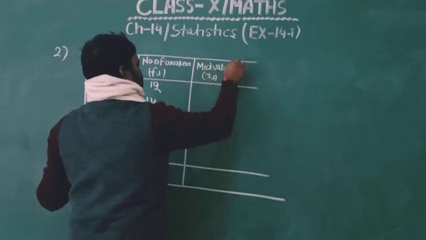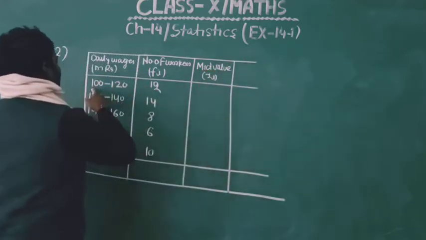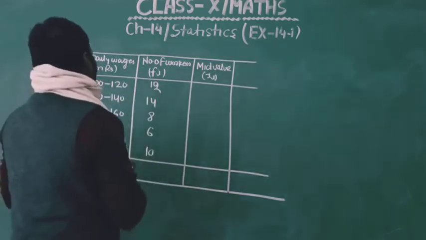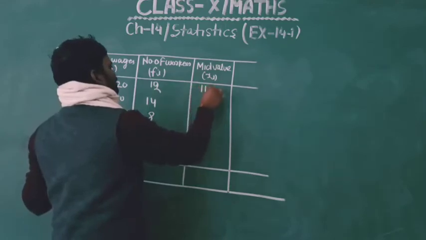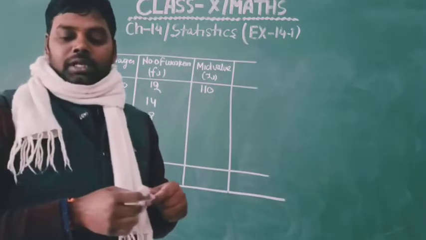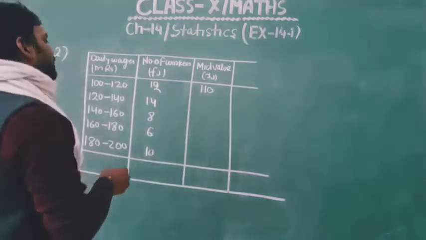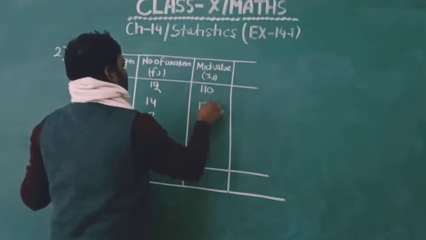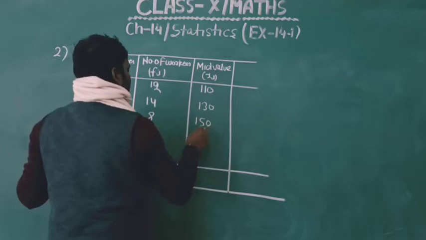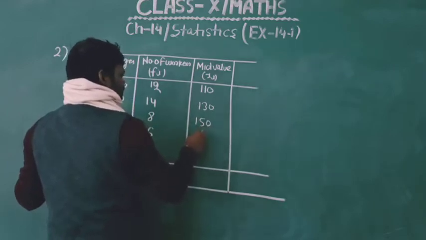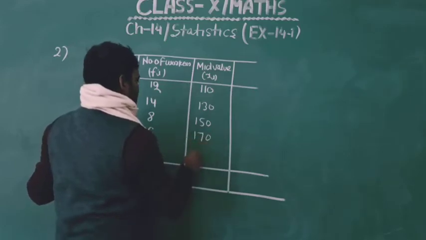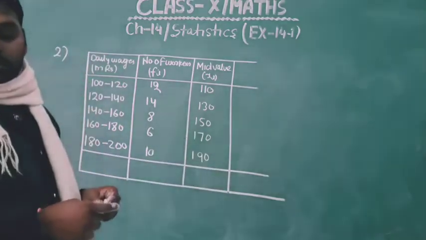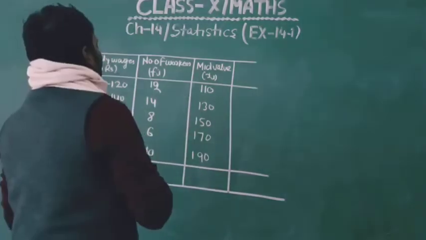So 100 plus 120 is 220, divided by 2 is 110. Next 130, 150, 170, and 190.